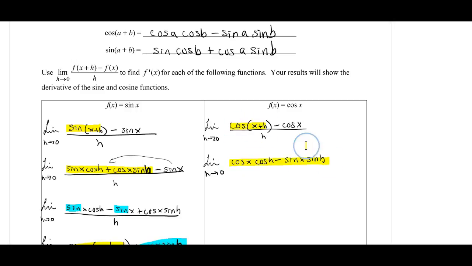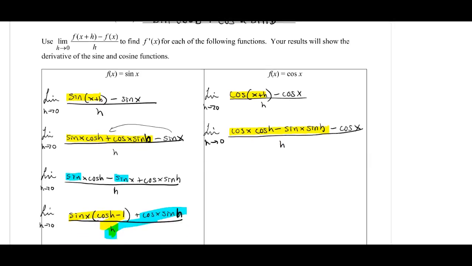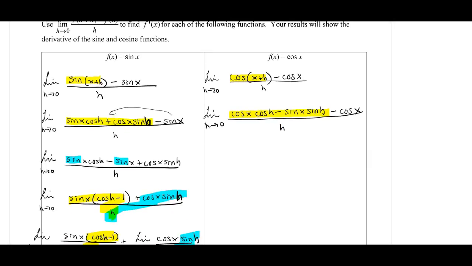That's the expansion of this. Then we can tack on the rest, bring down our minus cosine x, everything over h. Again, we're going to rearrange in order to factor out and get that cosine minus 1 format. So we're going to bring our cosine up here.